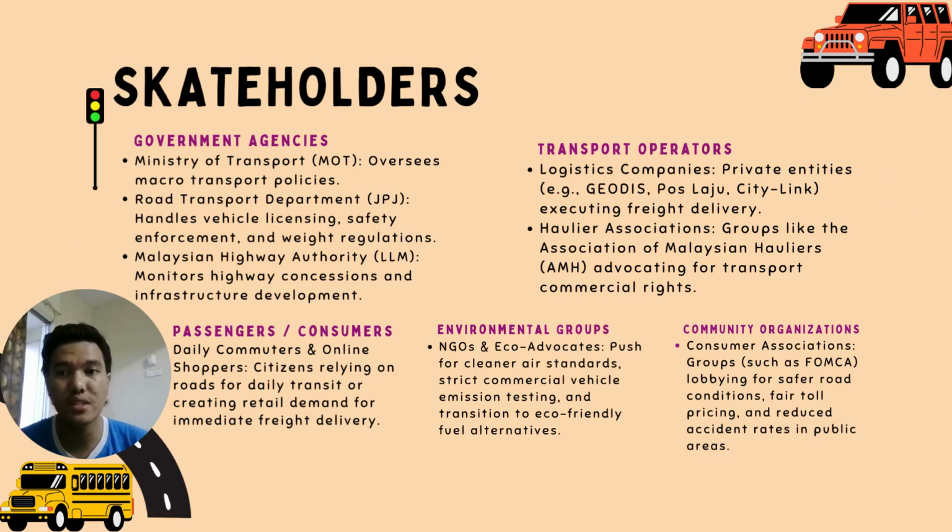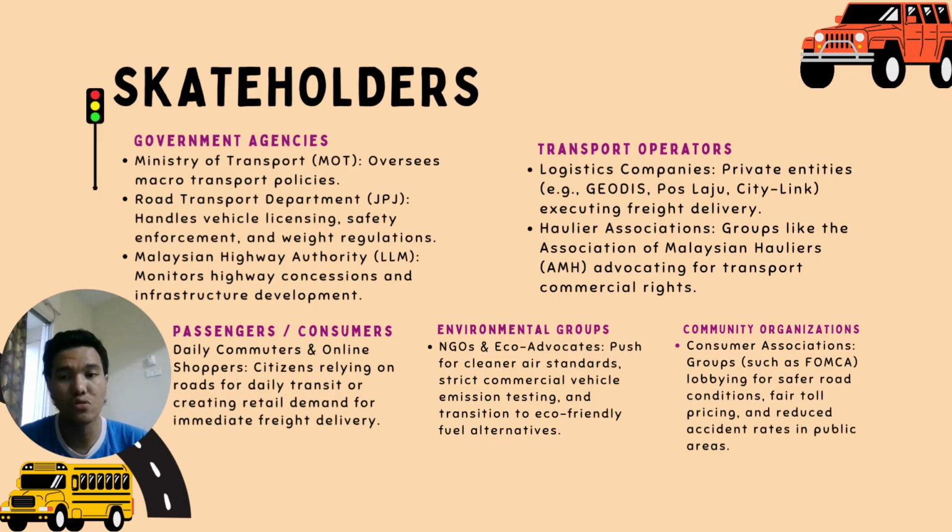An ecosystem this large involves multiple crucial stakeholders. We have government agencies like the Ministry of Transport (MOT), the Road Transport Department (JPJ) for safety and licensing enforcement, and the Malaysian Highway Authority (LLM) managing our highways. Next are the transport operators, including logistics companies like Pos Laju or CityLink, and groups like the Association of Malaysian Hauliers.